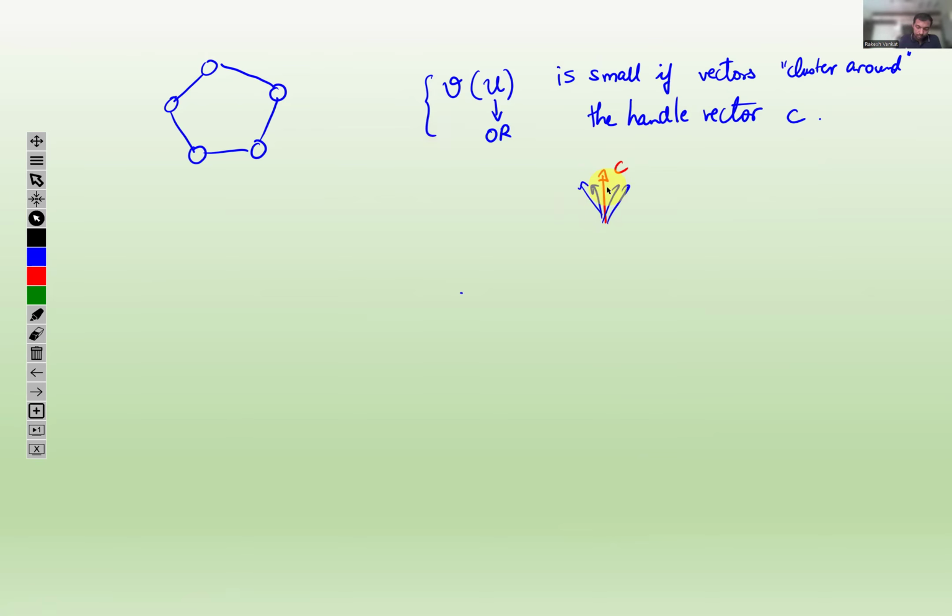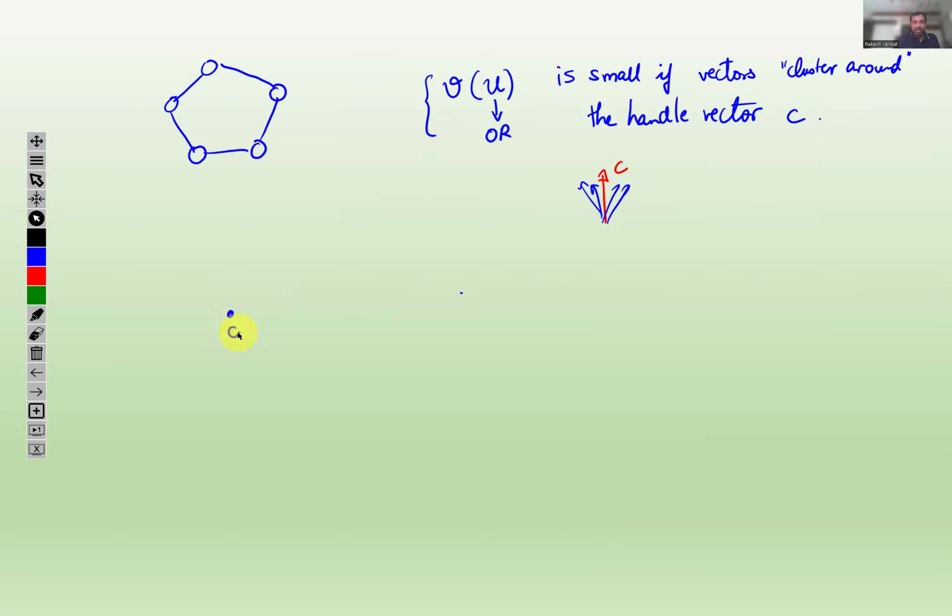Okay. So let's start off with something. Suppose this is my two-dimensional plane here, the plane of drawing. I'll first fix the handle vector to be perpendicular to the plane, that is coming out of the paper.